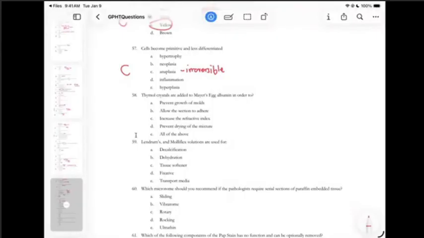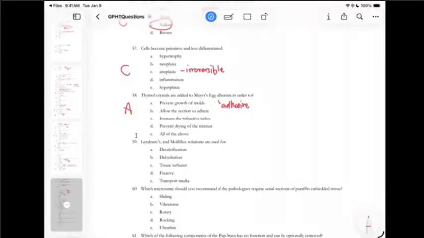57, letter C. 58, thymol crystals are added to Mayer's egg albumin to prevent growth of molds. Mayer's egg albumin is an adhesive, the commonly used adhesive for tissue sections.